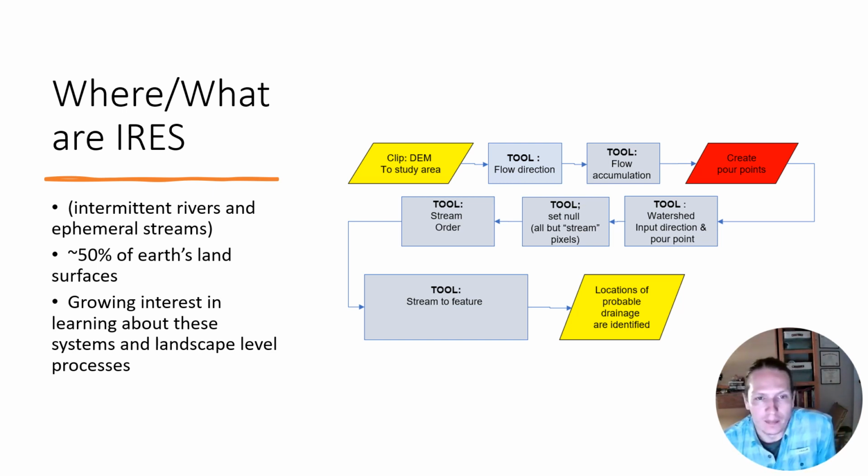There's something else I've started studying and learning about, these IRES, intermittent rivers and ephemeral streams, and these are usually seasonal streams driven by snow or precipitation. It's estimated they drain half of the Earth's land surfaces, which is pretty incredible to think about.